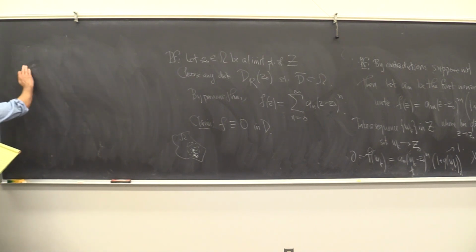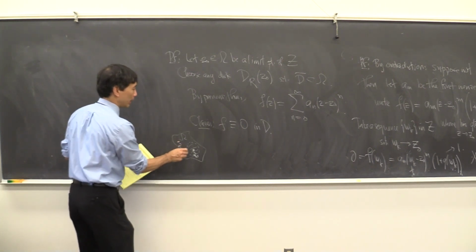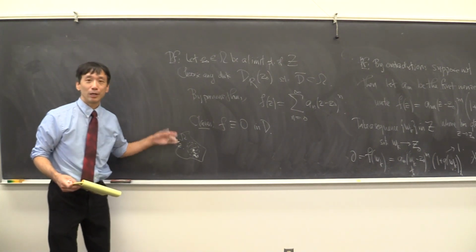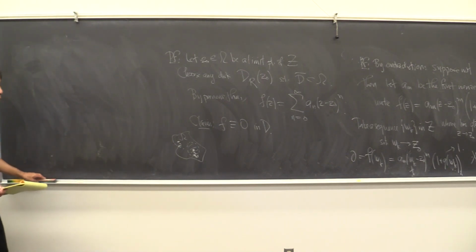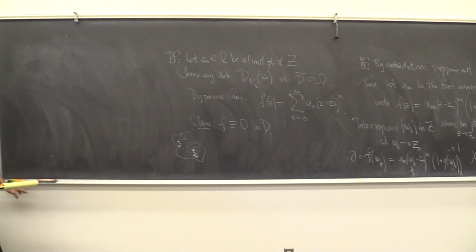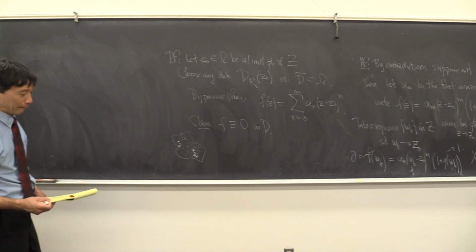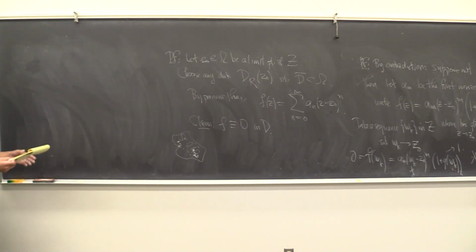Okay. So how do we show that we're 0 everywhere? I'll show you two ways of doing this. So there's the way that Stein does it, and there's another way that you might like, which is the following.